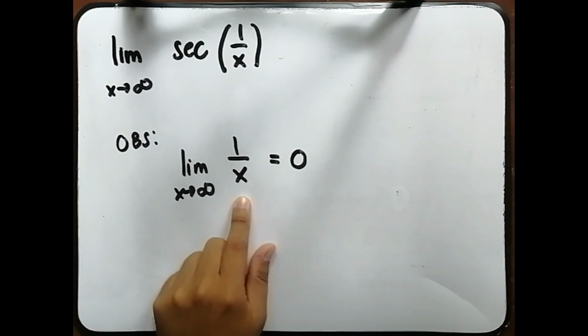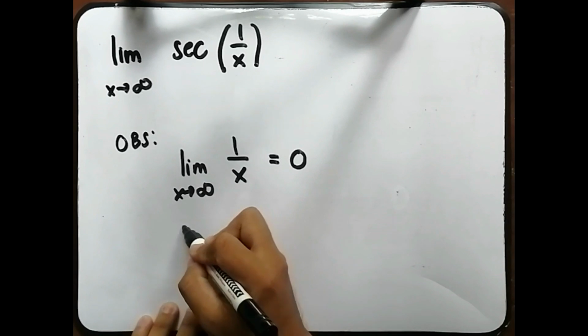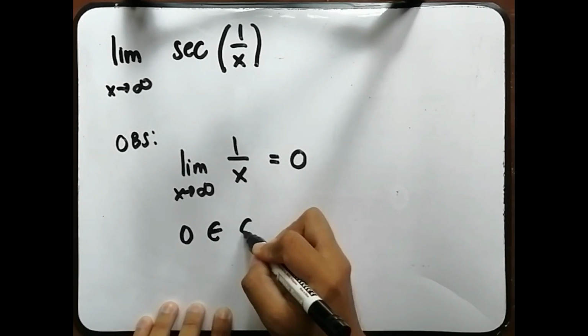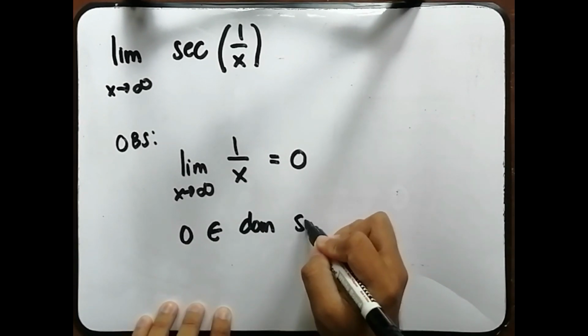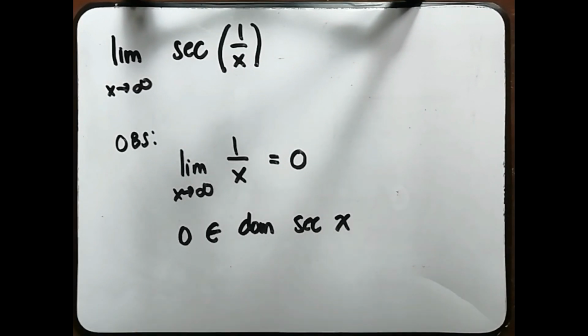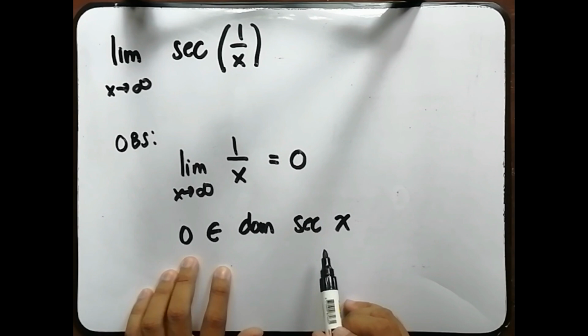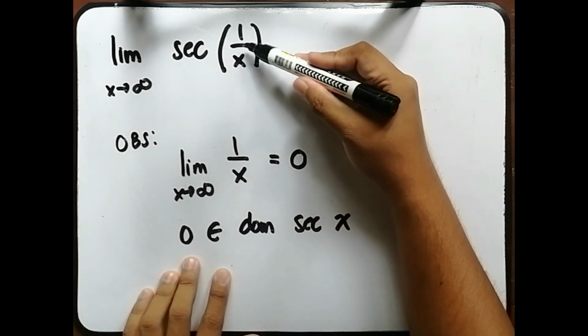Pag-aralan natin yan sa limits at infinity. Okay? And 0 is an element of the domain of secant x. Therefore, pwede nating ilagay lang si 0 doon sa 1 over x.